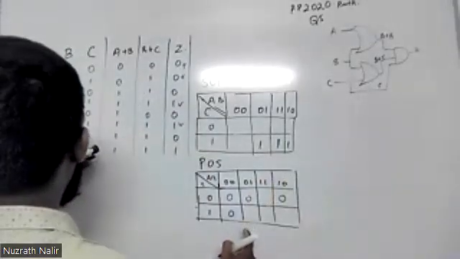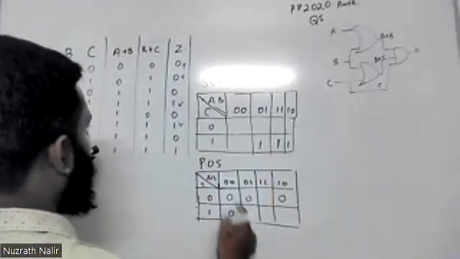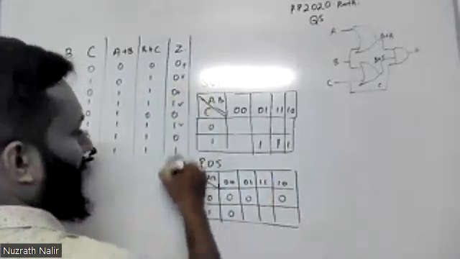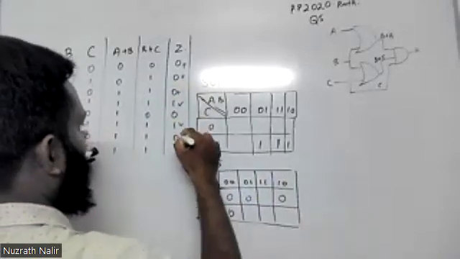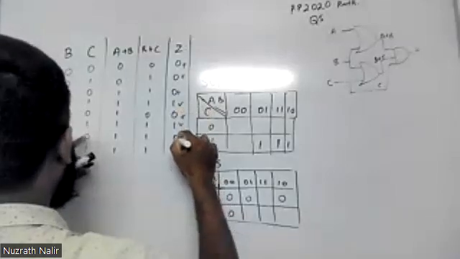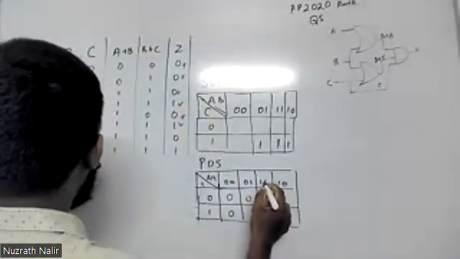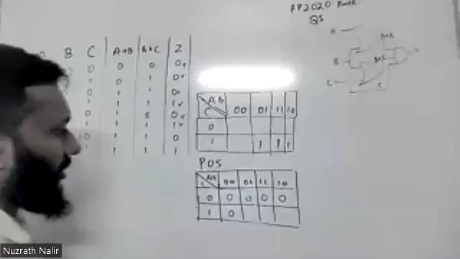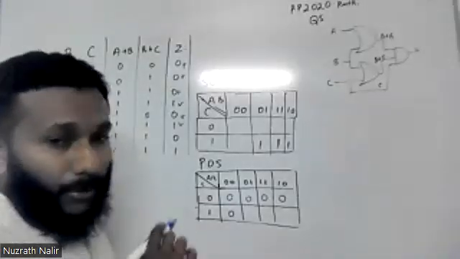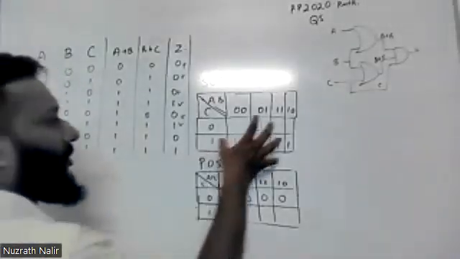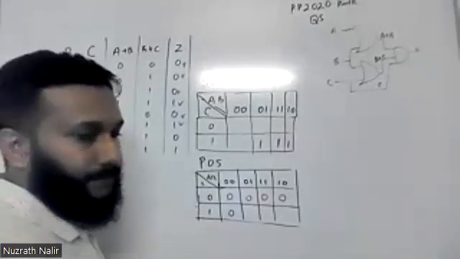And A is 1, B is, so 1, 2, 3, 4. These are also fine. So A is 1, B is 1, C is 0. So this is your POS output and this is your SOP output.